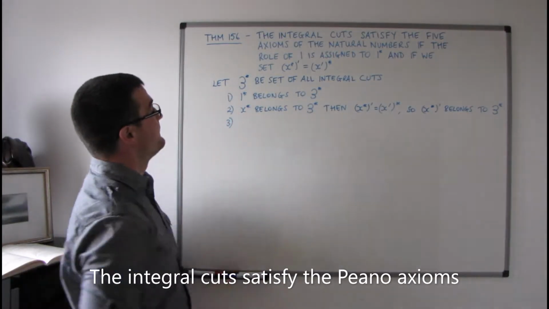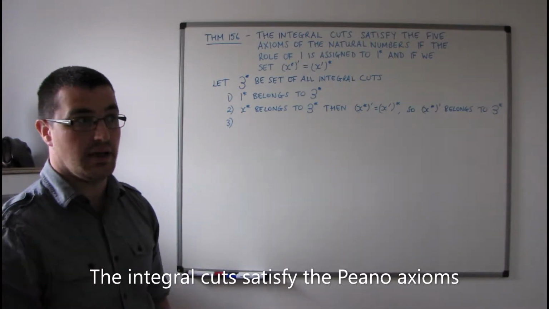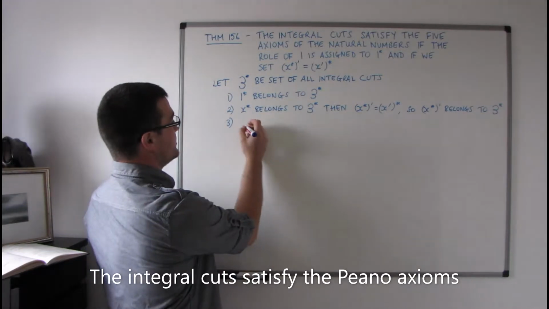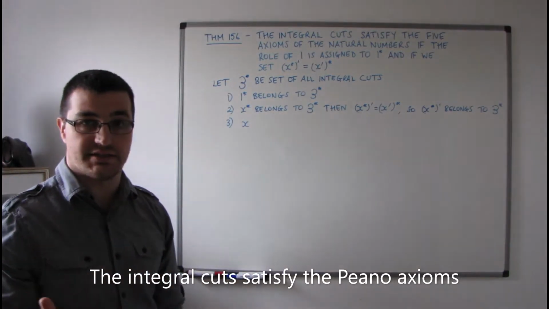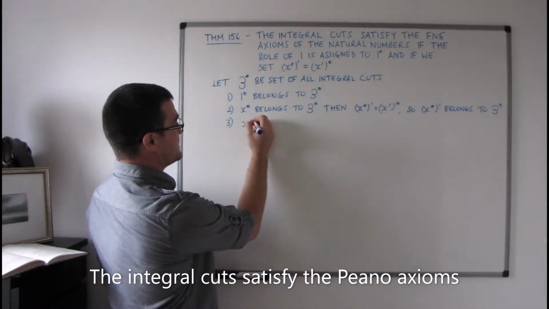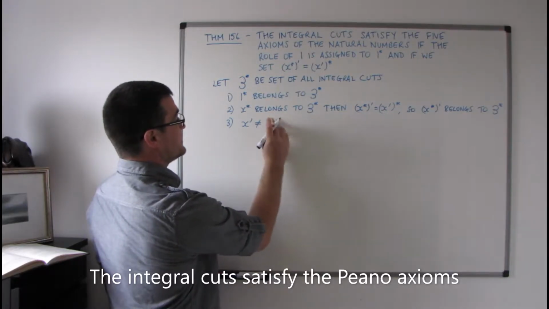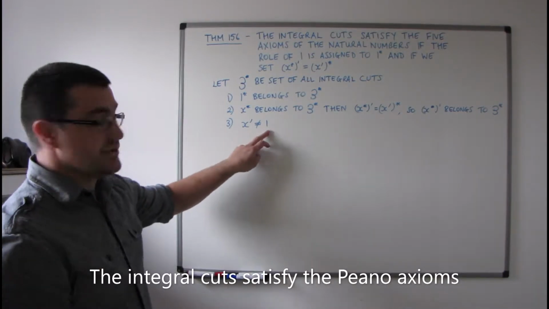3, we need to show that 1 star is never going to be a successor of any number. Because the integers satisfy the 5 Peano axioms, we know that x primed is not equal to 1. But these are rational numbers.